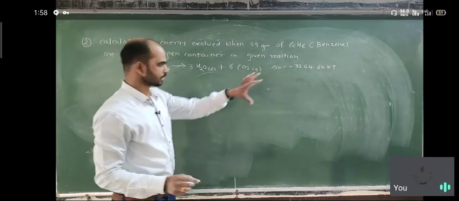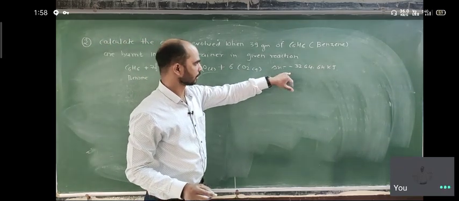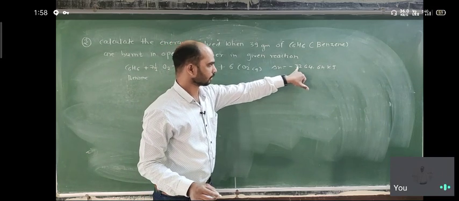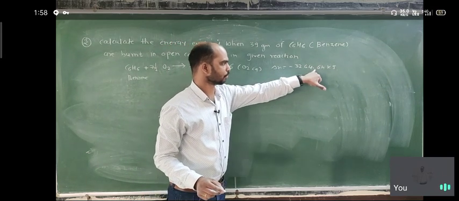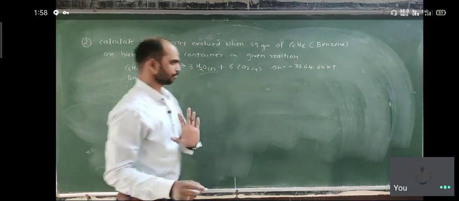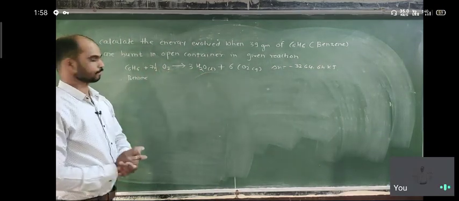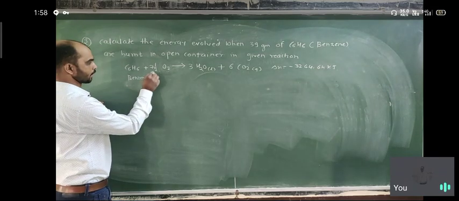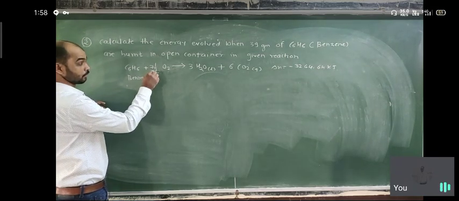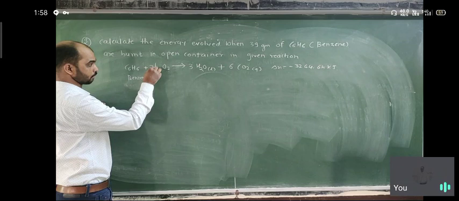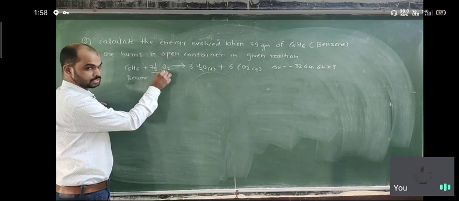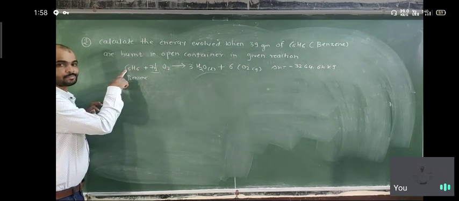The energy liberated or evolved is minus 3264.64 kilojoule during this reaction. Basically 7 and a half O2 molecules are used. How many carbon? 6.